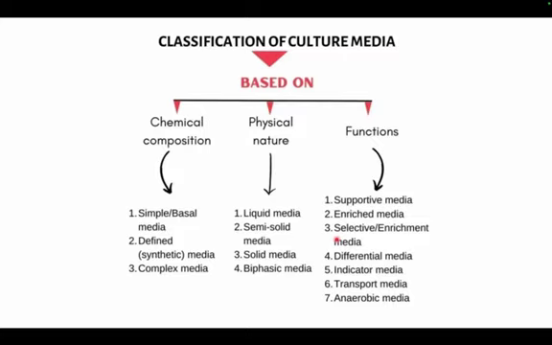Selective media, which will allow some kinds of bacteria to grow but other kinds of bacteria will die. Differential media, where different kinds of organisms will show some physical difference when they're growing in the media. Indicator media, transport media, anaerobic media. So these are all different kinds of media depending on what kind of bacteria we want to culture. Right?